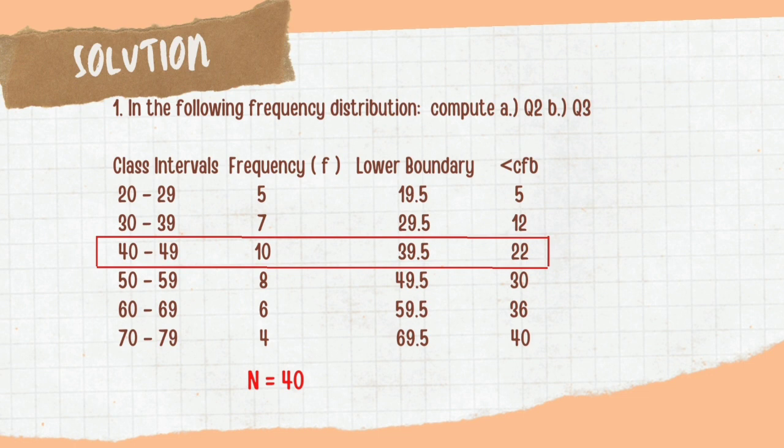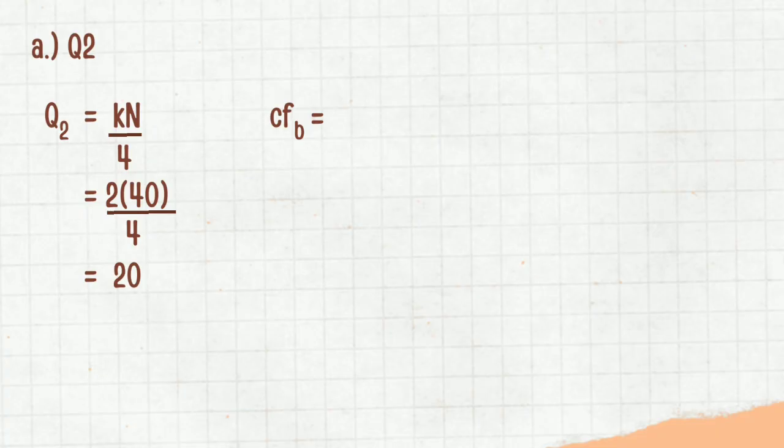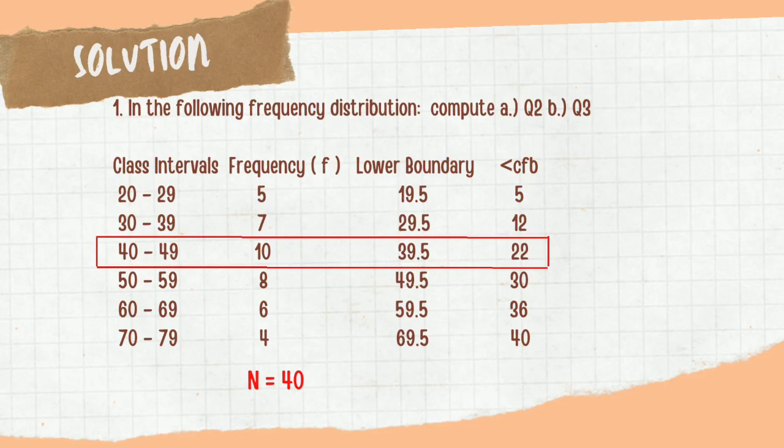So in this class, we can already identify the CFB, the FCK, and the lower boundary, and also I. So let's look here, focus here for the second quartile.